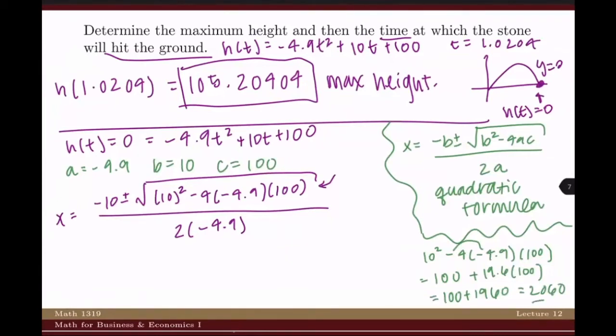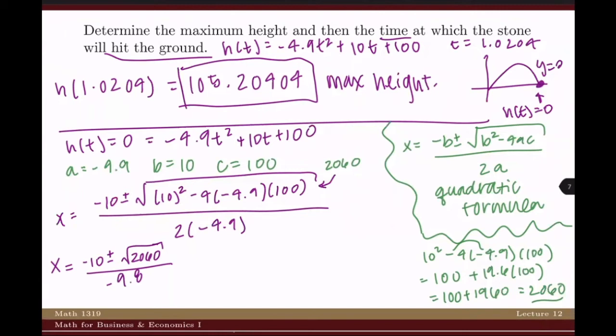And now this is what goes under the square root. I'll have x equals negative 10 plus or minus the square root of 2060 divided by, and then 2 times negative 4.9 is negative 9.8.